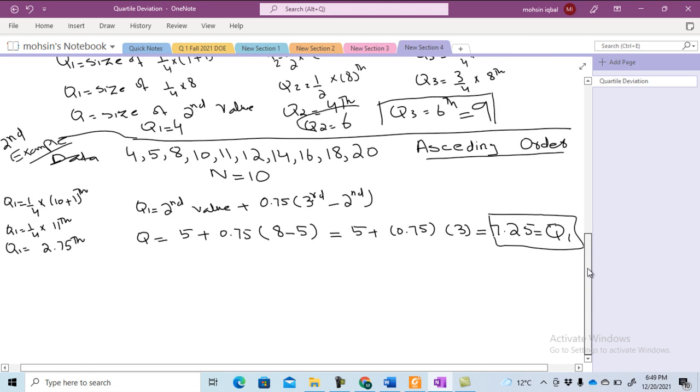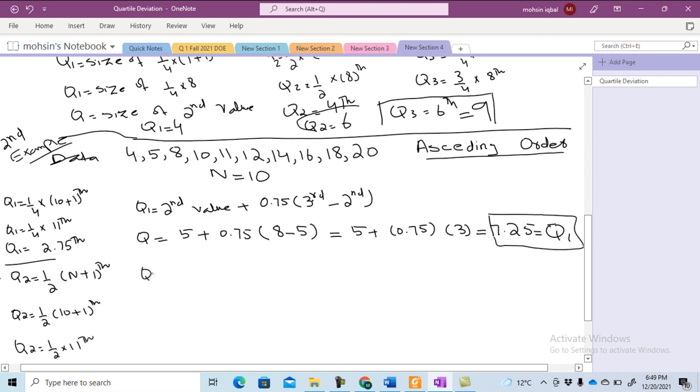Then I will calculate Q2. We will first write the formula. Q2 will be equal to half of (n plus 1)th value. So Q2 will be equal to 1 by 2 multiplied by (10 plus 1)th value, that is, 1 by 2 multiplied by the 11th value.